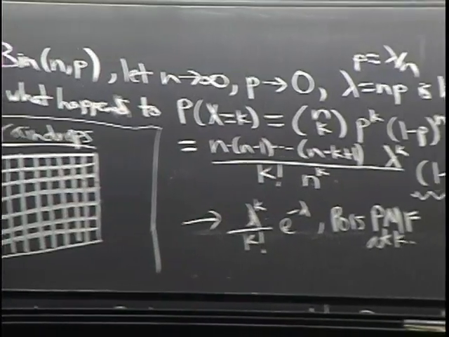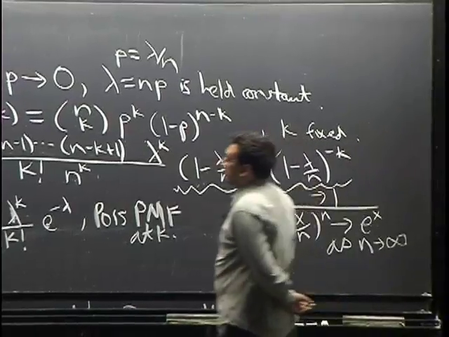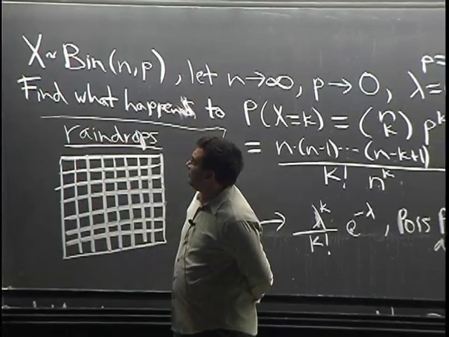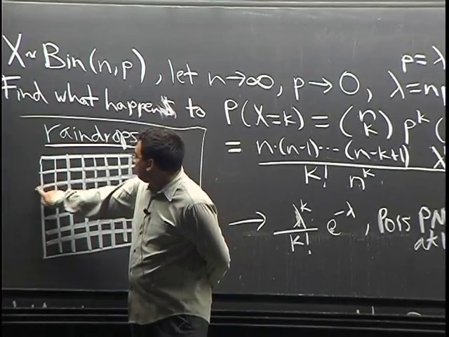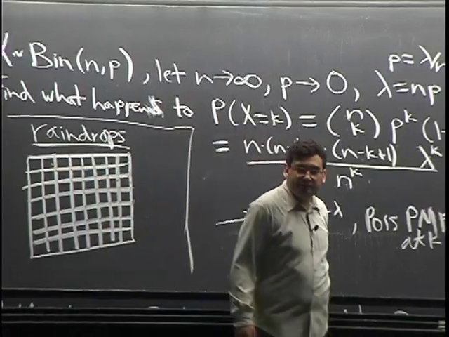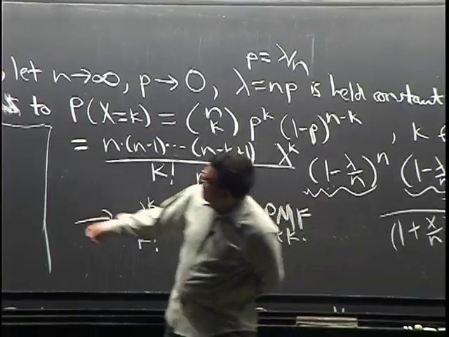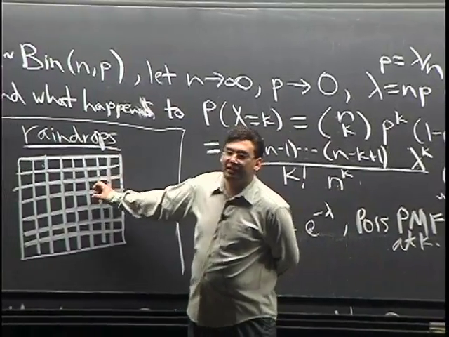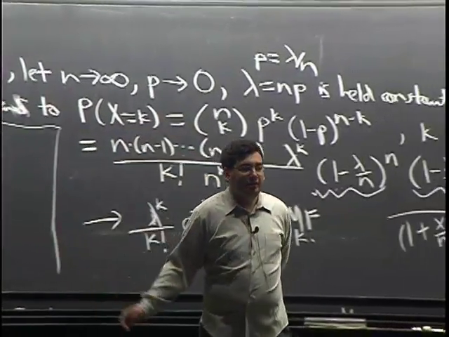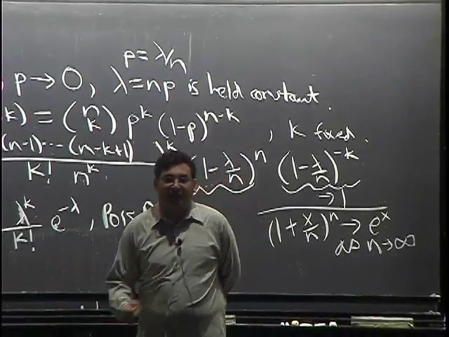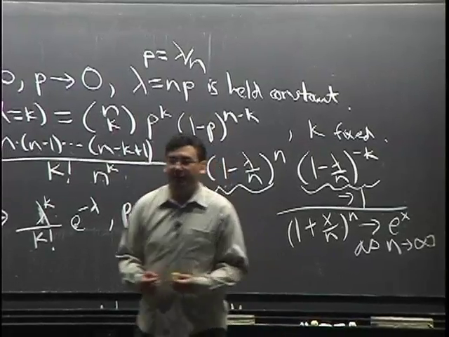Now, I want to count the number of raindrops in some time interval. For each individual square, if we break this up into tiny enough pieces, each individual square is unlikely to get a raindrop hitting exactly in that square, if we make them small enough.